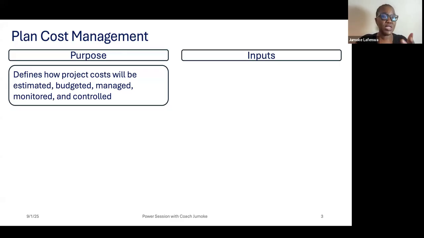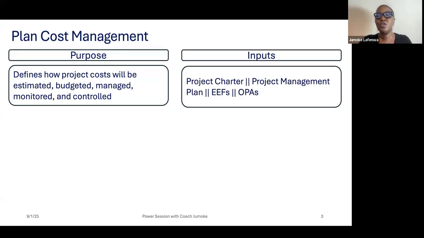What are the inputs you need to plan your cost for the project? You will need the project charter. Remember, the project charter is what empowers you as the project manager. And in that charter, you have the high-level budget. We call it the top-down budget. And you will have other information such as key stakeholders, key risk, assumptions, and all that.